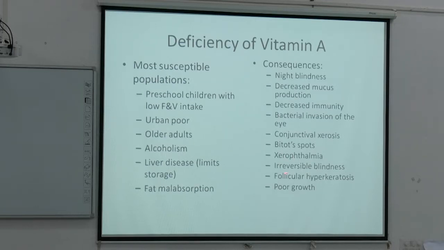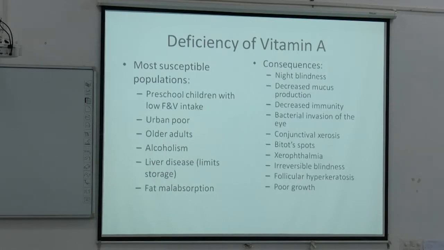Xerophthalmia, drying of conjunctiva, irreversible blindness. If you don't take any measures, then you lead to this. Follicular hyperkeratosis. Since one of the functions of vitamin A is tissue differentiation, the major tissue differentiation taking place every day in our body is in the where?